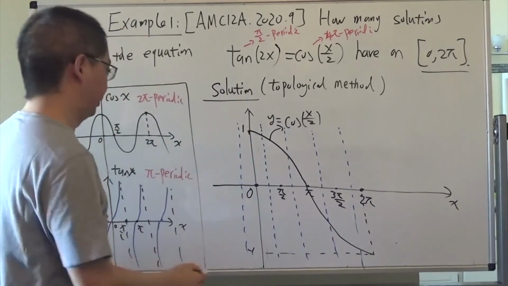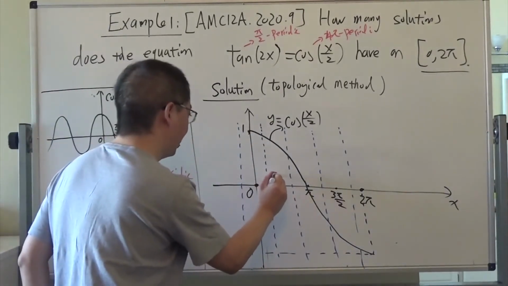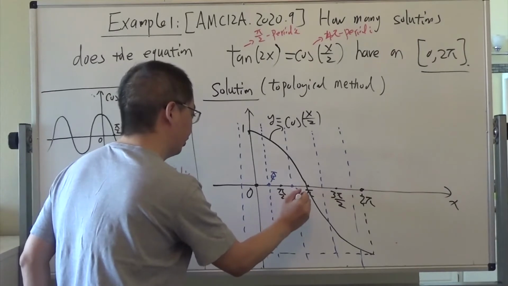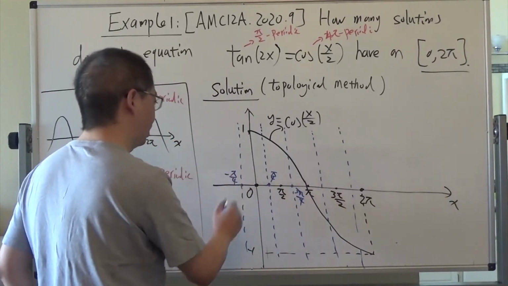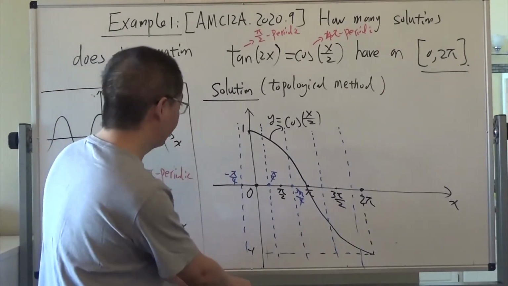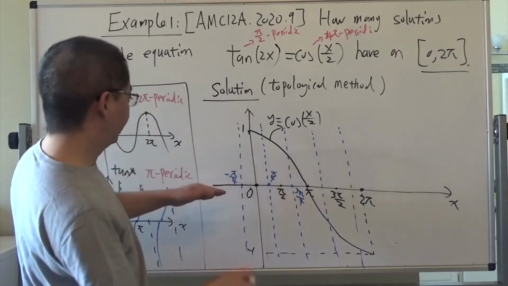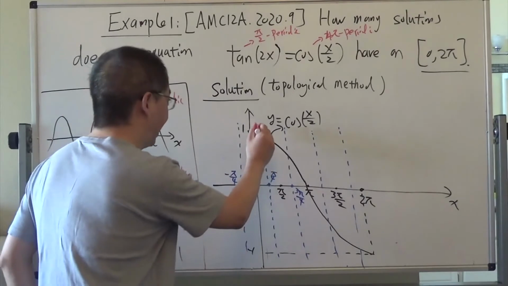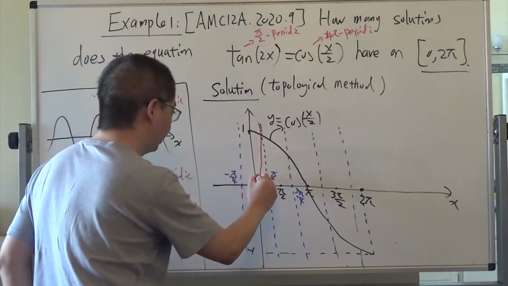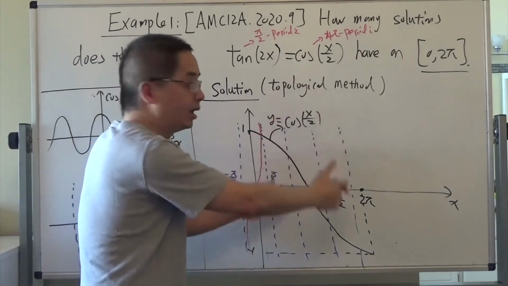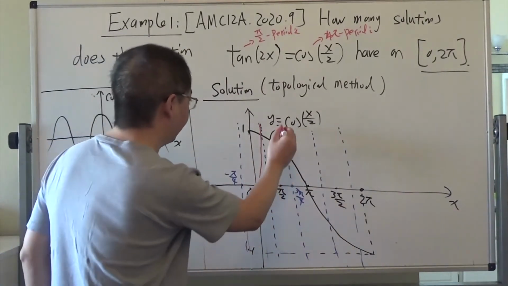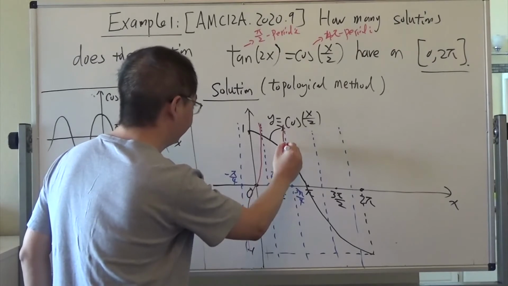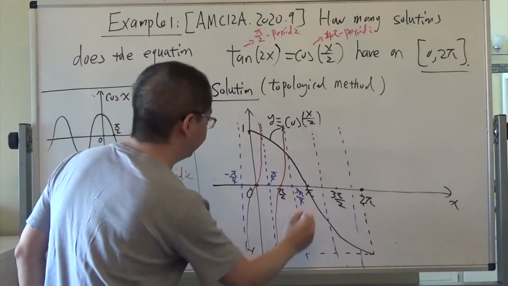Here is pi over 4. This is 3 pi over 4. And here's negative pi over 4. Okay. Now let's draw the graph. Those vertical lines are asymptotes for tangent 2x. So this is what we have. And then within this period, this is what we have.